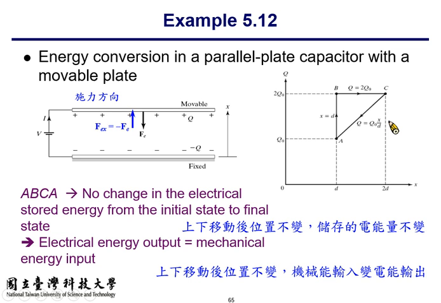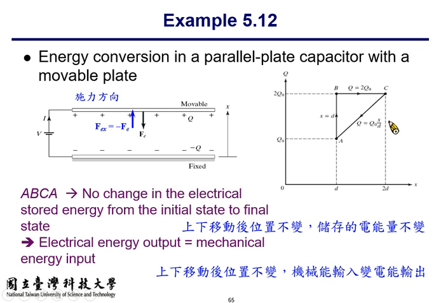So what happens in the course of A to B? In this phase, the battery is charging the capacitor so that the charge is increased from Q sub 0 to 2 times Q sub 0.